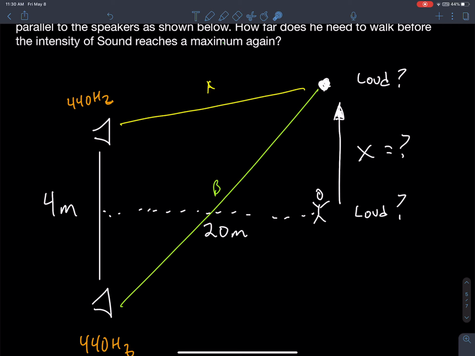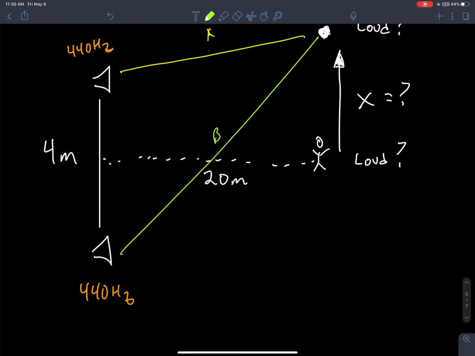And that formula looks like this, okay? So that distance x that I would have to walk is going to be equal to capital D times lambda divided by little d. I'm going to define what those letters are. Capital D is the distance that that person is away from that parallel line from the speakers. This would be 20 meters.